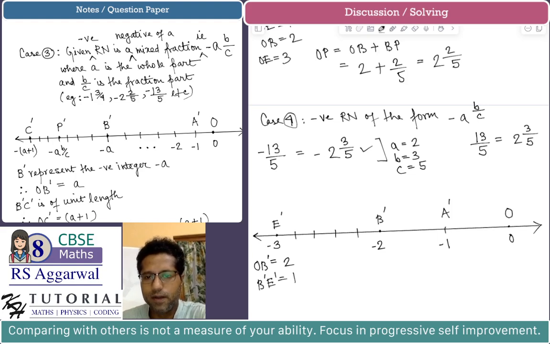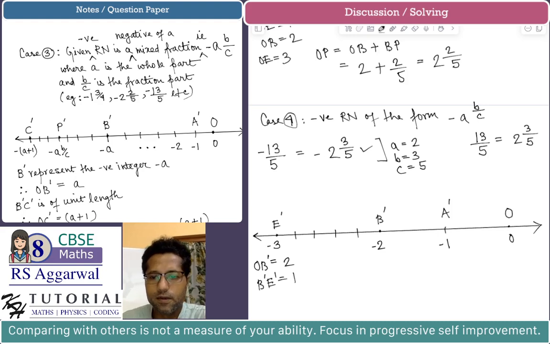We will mark the point which is at a distance of 3 such equal parts from B dash to the left hand side. So this is the first marking, the marking of the first such equal part to the left hand side of B dash, actually this will be minus 2.